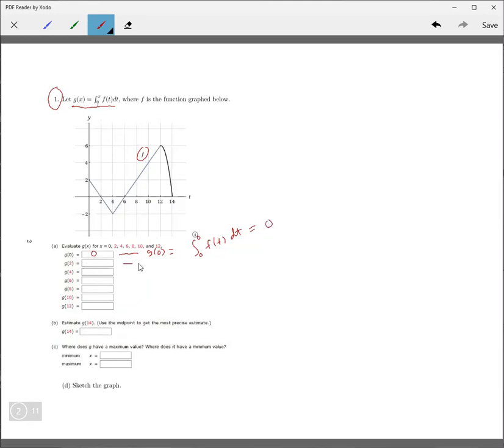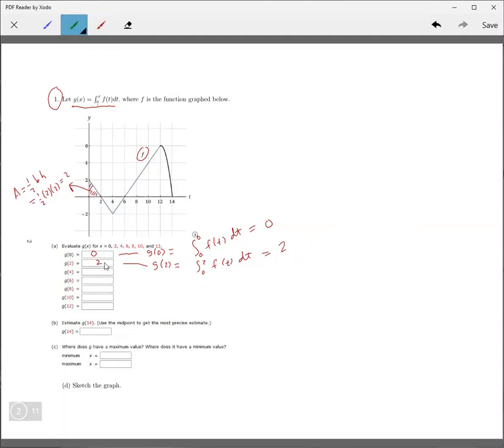And g of 2 is going to be the integral from 0 to 2 of f of t. That's going to be this area right here, which is a triangle, so it's 1/2 the base times the height. The base is 2 and the height is 2, so that second answer is going to be 2.